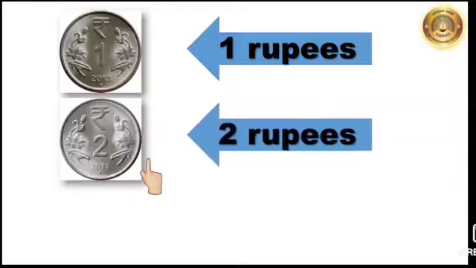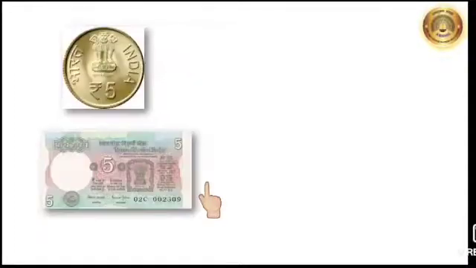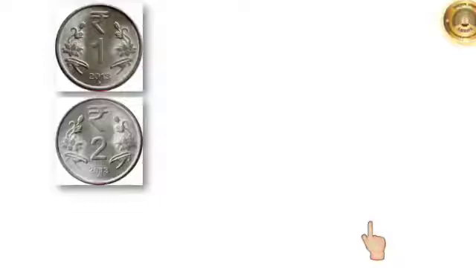So the value of this coin is 2 rupees, or you can call it the denomination of the coin is 2 rupees. Here, this is the 5 rupees coin, and we also have a 5 rupees currency note. Children, these are some coins.